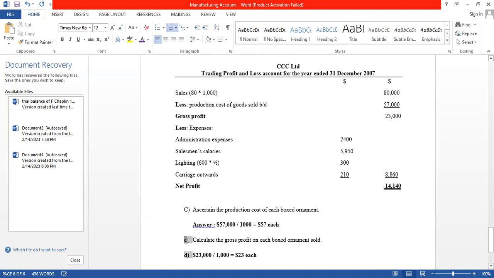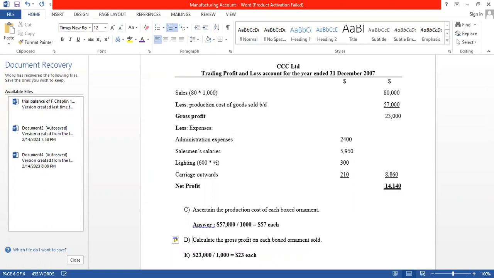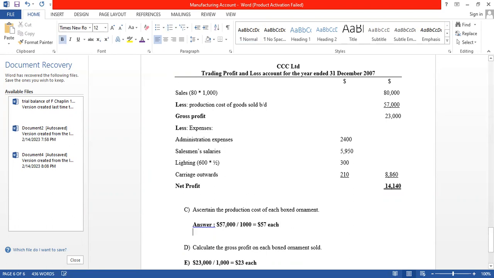D, this should be D. So D says to calculate the gross profit on each boxed ornament sold. Good? This is the answer. So I can just remove the E and write answer as well, just the same way that I did for the first one here for C. So D says to calculate the gross profit of each boxed ornament sold.